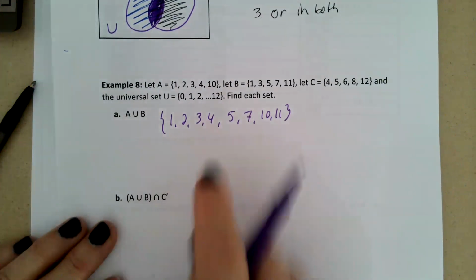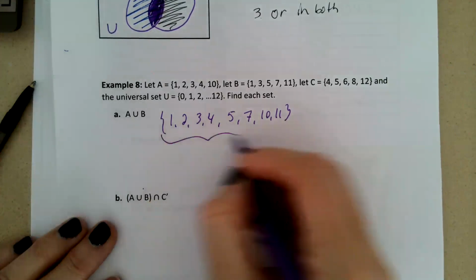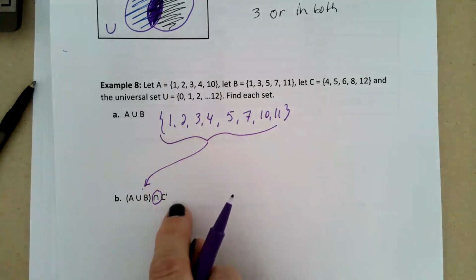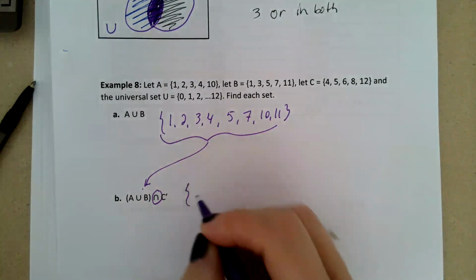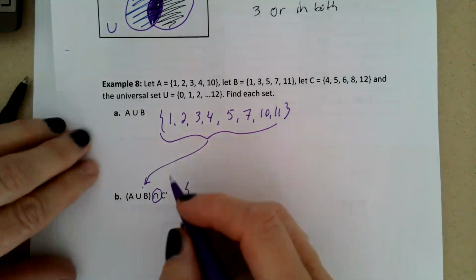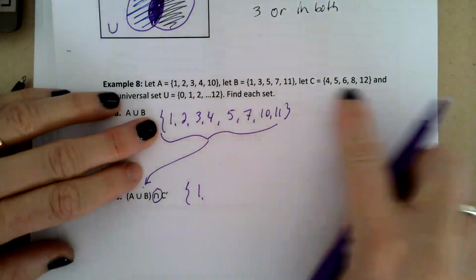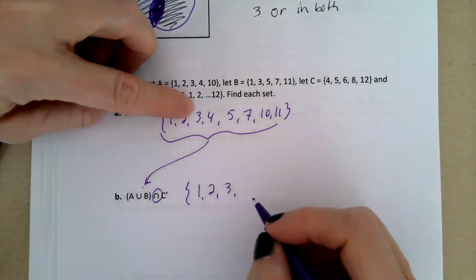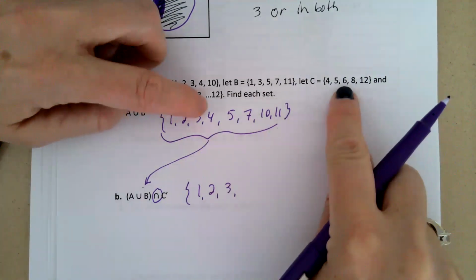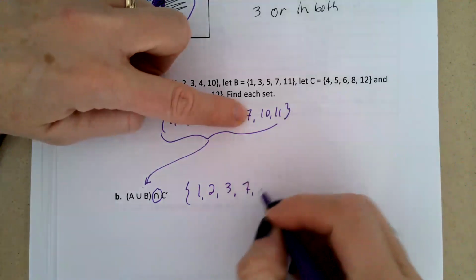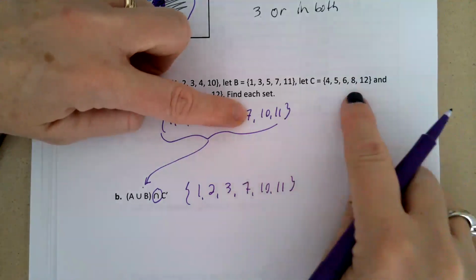So A union B, which is this, and it has to intersect with not in C, so it can't be in C. So we have 1, because it can't be in C from this list. 2, 3, 4 and 5 are in C, so we can't use them. And then 7, 10, and 11, because they're not in C.